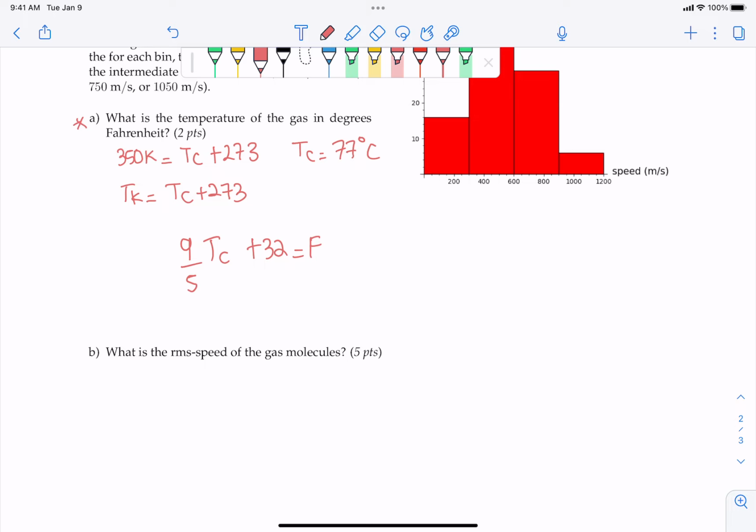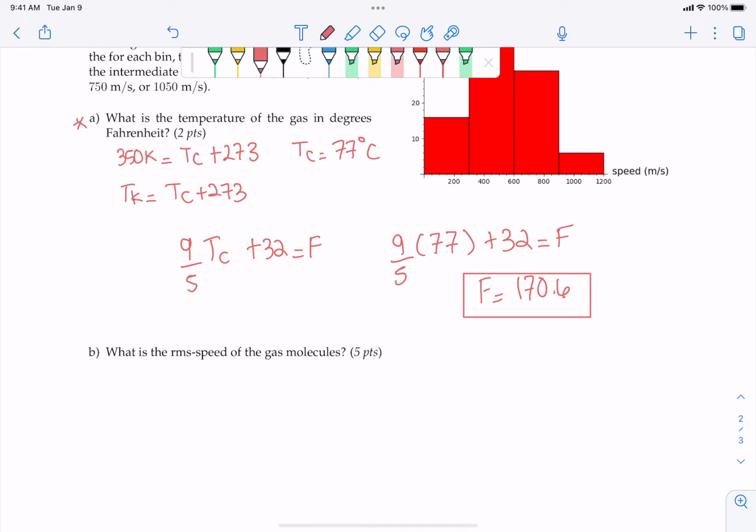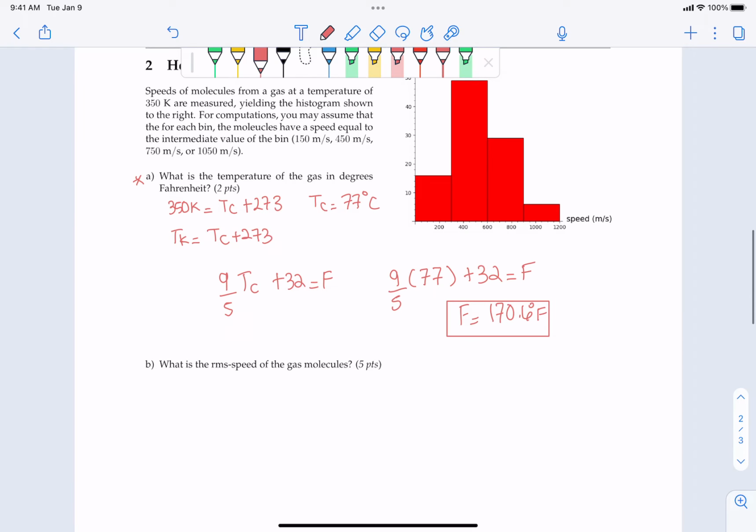So 9/5 times 77 plus 32 should give us the degrees in Fahrenheit, and that should be 170.6 degrees Fahrenheit. So pretty simple for part A, right? Not too bad.